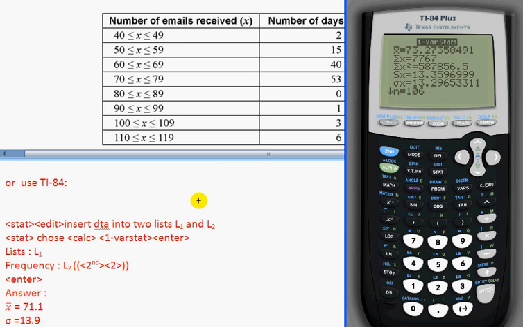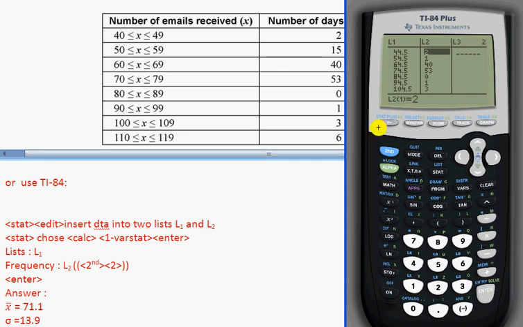So start, edit, here 15. Mistake. 15. Enter.